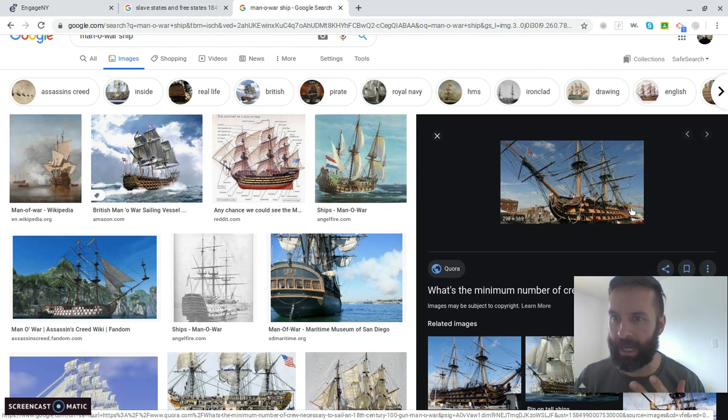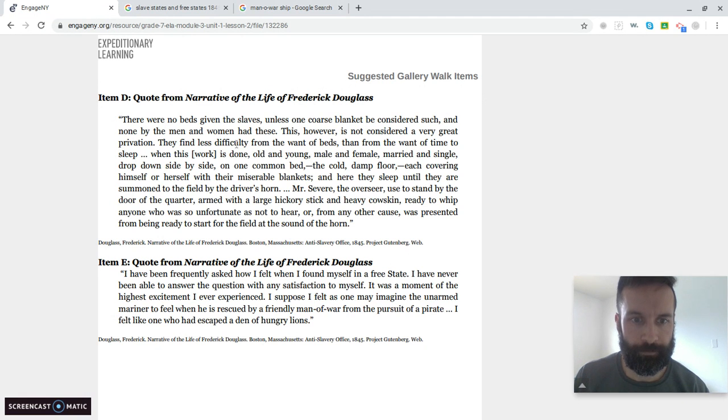It had all the cannons on the side. It was primarily a warship. If you've played Assassin's Creed 4 Black Flag, you're very familiar with this type of sea vessel. It was one of the big ones that you had to take down on some of the boss fights. But if you've never played Assassin's Creed 4, there you go. There's some ships.